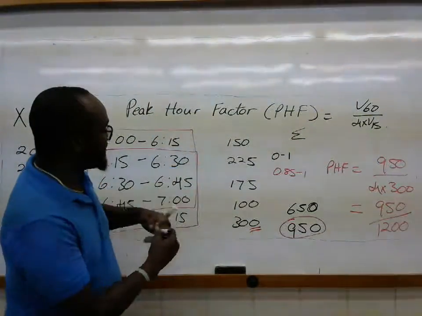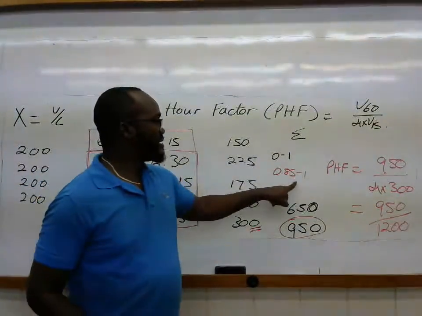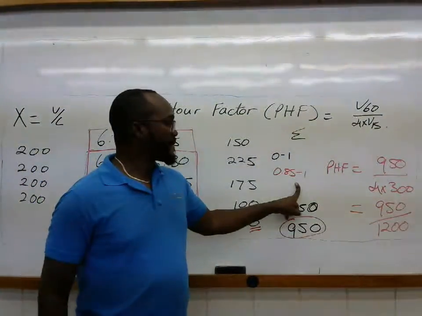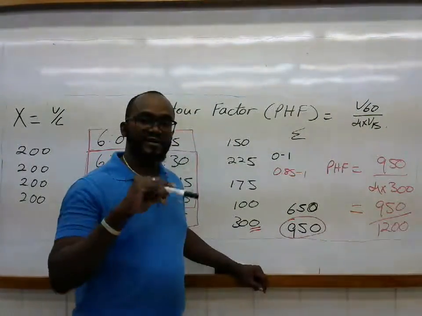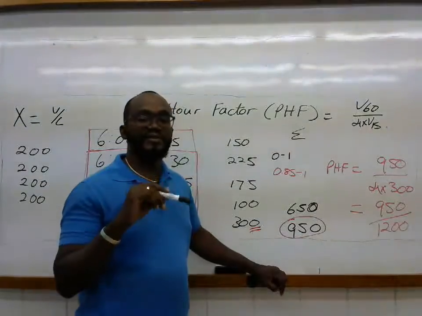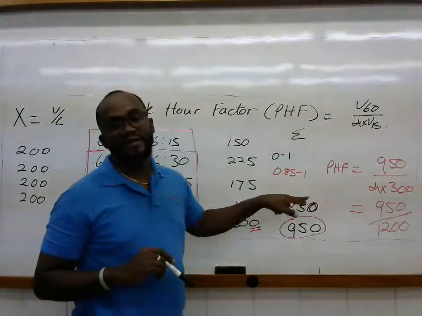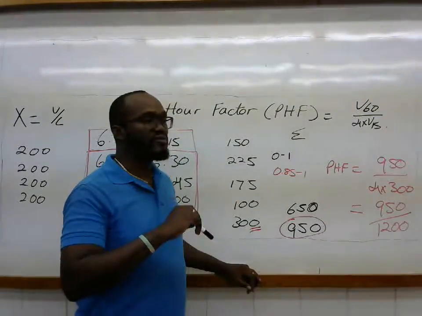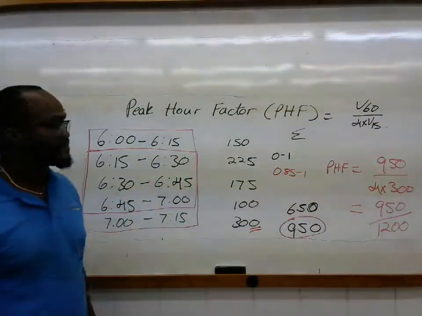As these values tend to be a bit more variable, we'll be closer to the lower end of the scale. Okay? So that means there's a fair amount of variation within the traffic stream during the peak hour. And so right away, looking at the peak hour factor, it can tell us how the traffic flow was proceeding through that particular peak hour.